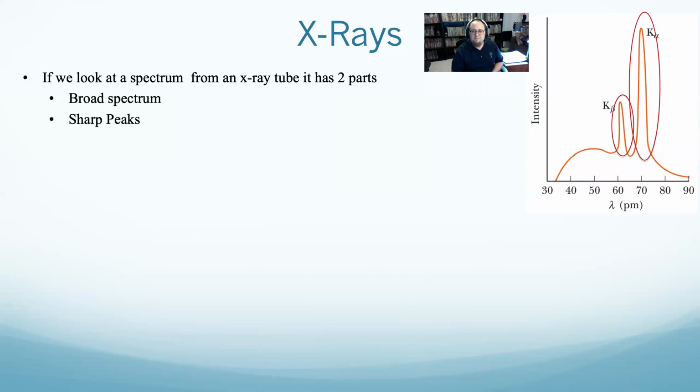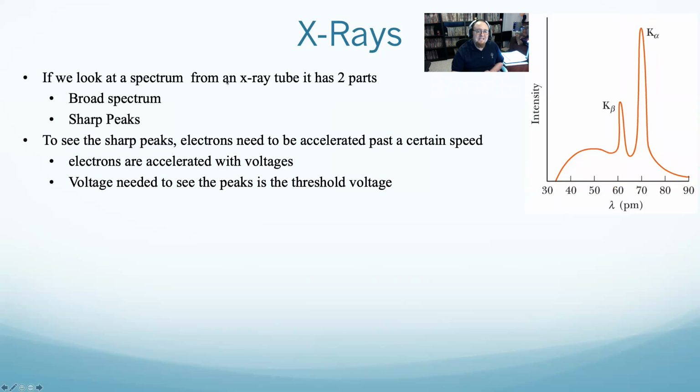These sharp peaks are certain wavelengths that have much, much higher intensity at those exact wavelengths. To see these sharp peaks, the electrons need to be accelerated past a certain speed. If they're slower than that, the peaks don't show up. We accelerate the electrons with voltages: we apply a lot of voltage to an electron, shoot it off, get it fast enough, and those peaks show up.